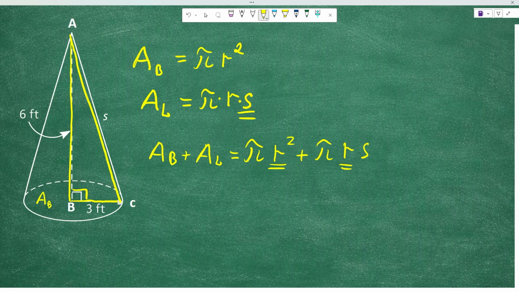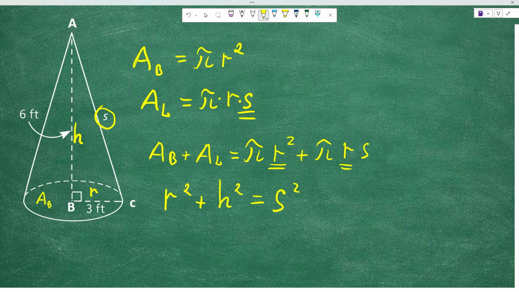Okay, let's write it down and solve this together. a squared plus b squared is c squared. In our cone language, that's r squared plus h squared equals s squared. Let's plug in the numbers we know. 3 squared plus 6 squared is s squared. Pause the video right here and figure out those squares.